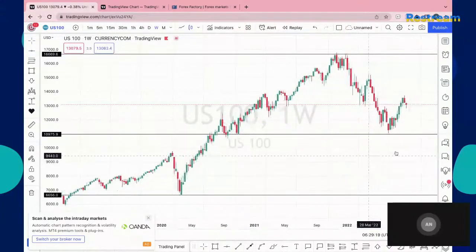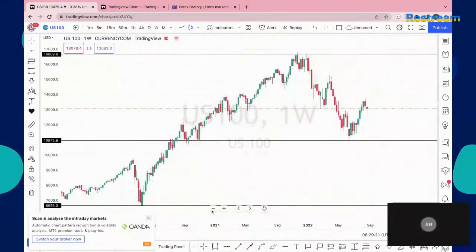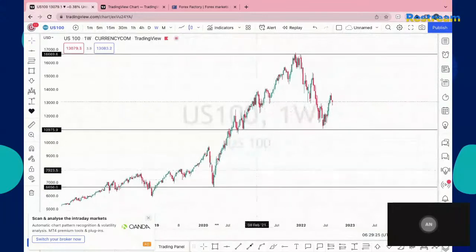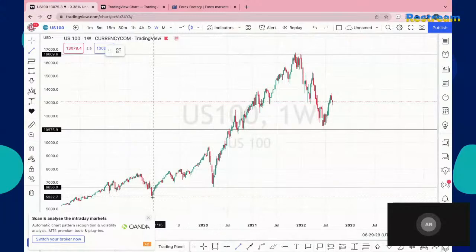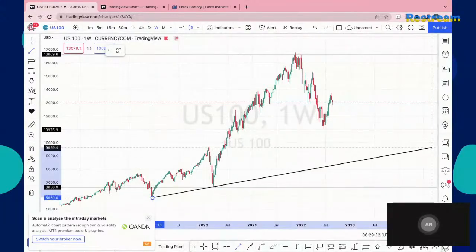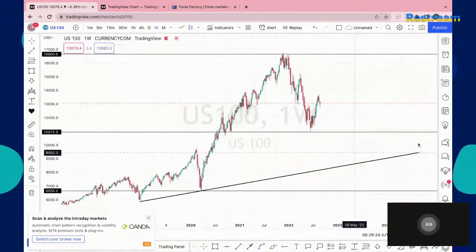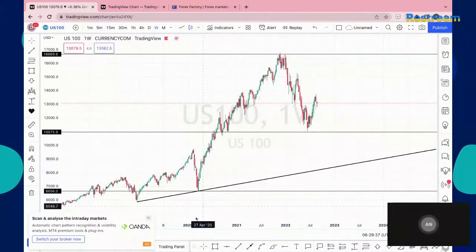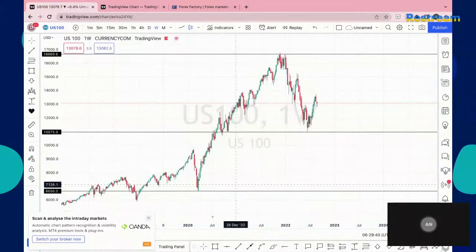Those are my major zones, right? My trend line. I've got this one first here that I'd consider if Nasdaq is able to drop lower. But right now we've got this here.